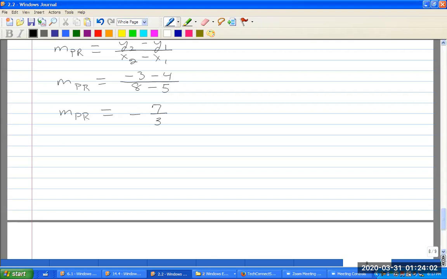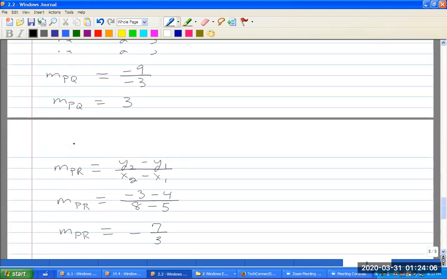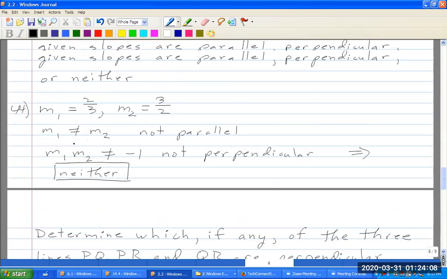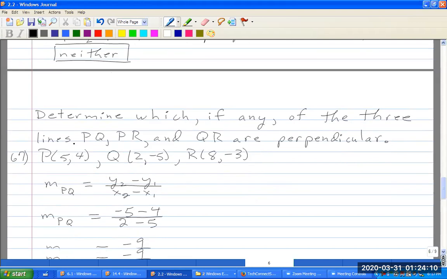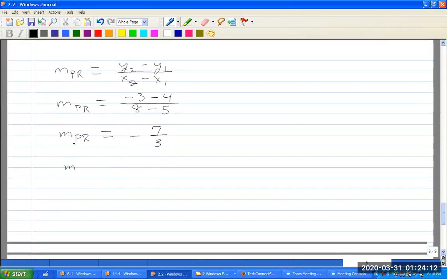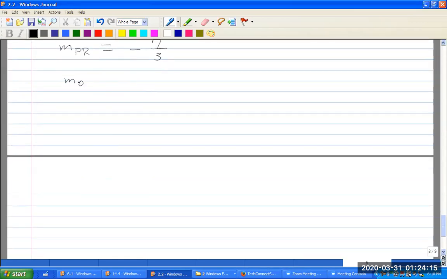And lastly, let's find the slope of the line through QR. And so Q is 2, negative 5. R is 8, negative 3.